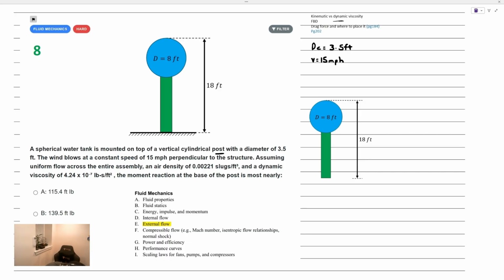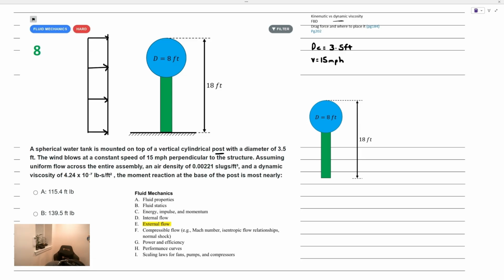So if we drew how that velocity distribution looks here, draw that a little longer. It's a uniform distribution, which is what they told us to assume, and an air density of that many slugs per cubic foot. Let's write that down.